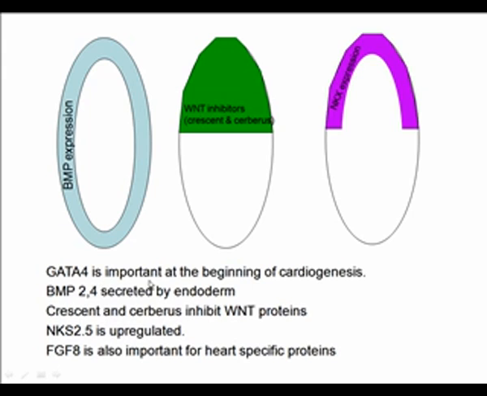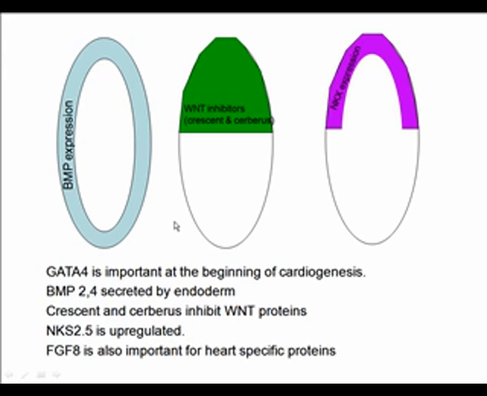GATA4 is probably the most important gene for the beginning of cardiogenesis. In addition, the endoderm is going to secrete BMP2 and 4, and that BMP expression is going to be important in the formation of the heart tube.